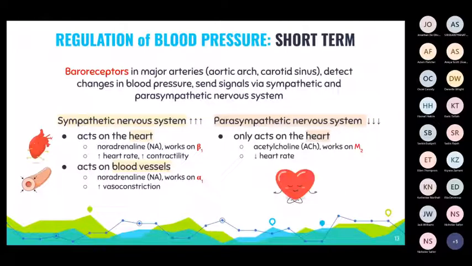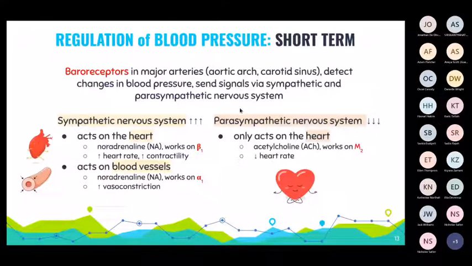If the pressure is dropping low, your baroreceptors say, help, it's going too low, and your sympathetic nervous system sends signals to your heart to increase heart rate and increase contractility. Think of this poor little heart over here, he's having to work very hard. It also acts on your blood vessels to vasoconstrict, and so increase the pressure, because you've got a tighter space, so it's going to be higher pressure.